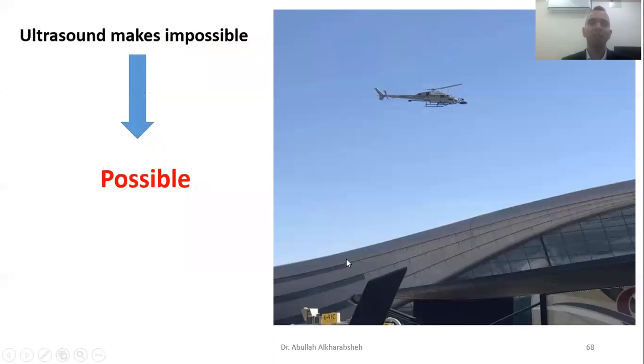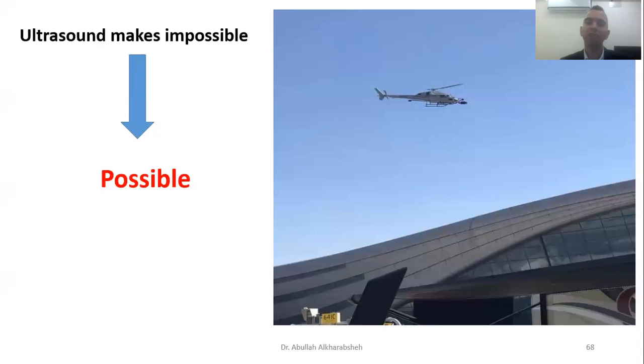As we see here, the ultrasound makes impossible possible, as its use is widely increasing. This picture is taken by my friend in Dubai, Dr. Ammar Salti. He is a president of Galpin School and working in Cleveland Clinic, Abu Dhabi.